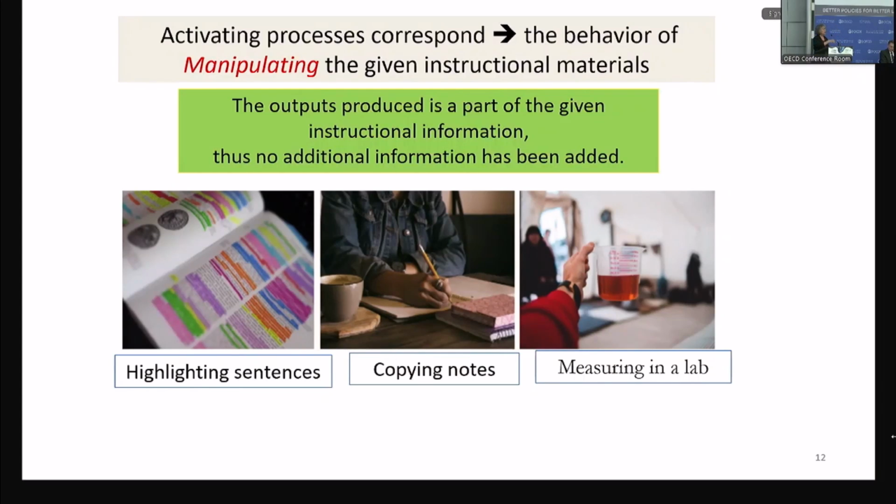Or you copy notes, so the notes are identical to what was presented. Or you do a lot of measurement in the lab where the equipment and the liquids are all provided. So in all these cases, you're not producing any new information. You're simply activating, by doing this, you're activating some knowledge. And you're selecting and activating.